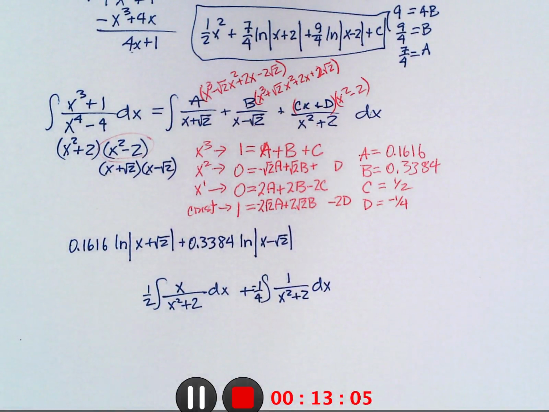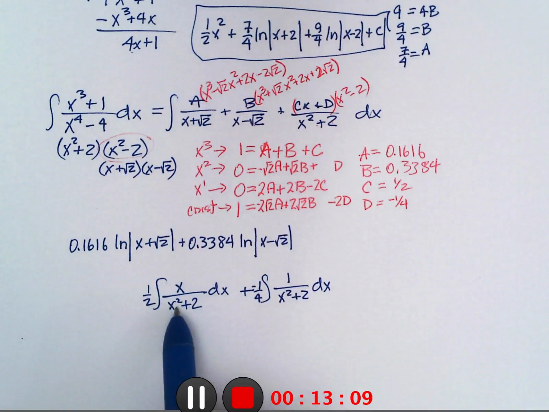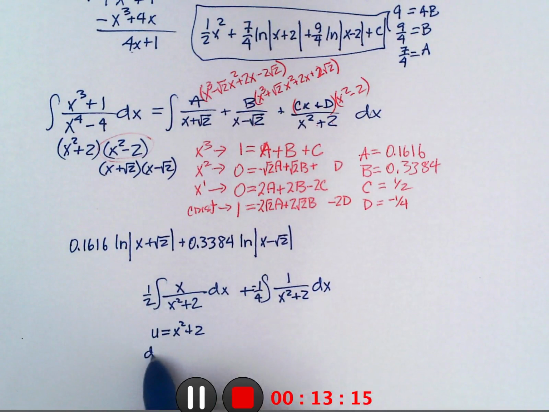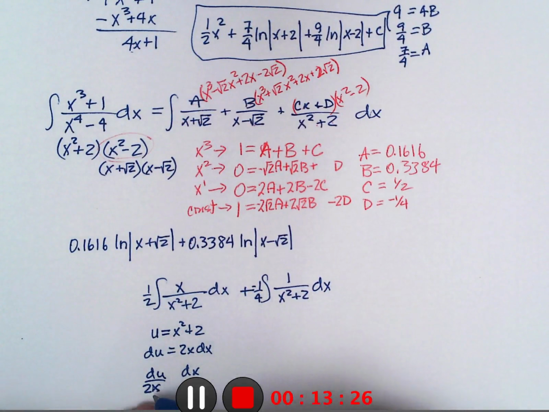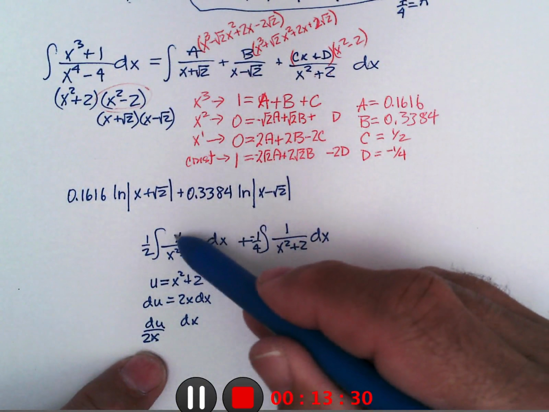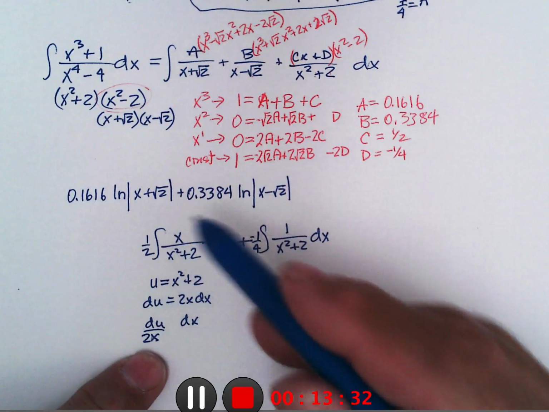And this, if you do a u sub for x squared plus 2, du equals 2x dx. If you solve for dx, you get du over 2x, and that x will cancel the x in the numerator, and the 2 will come out, so we'll have 1/4.